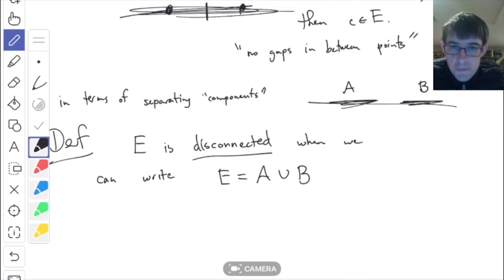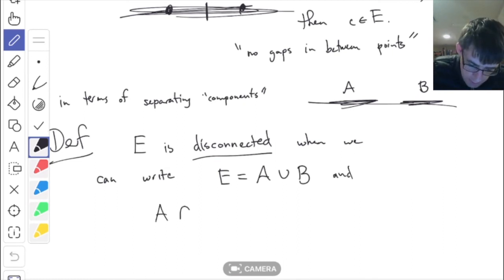Now, it's not enough to just say A union B, because any set you want, you can just split it into two halves. That doesn't mean it's disconnected. The important thing is that those two halves don't have any overlap and they're sort of far apart from each other. They don't intersect at all. So I'm going to say when we can write E as a union of two halves and they don't intersect at all.